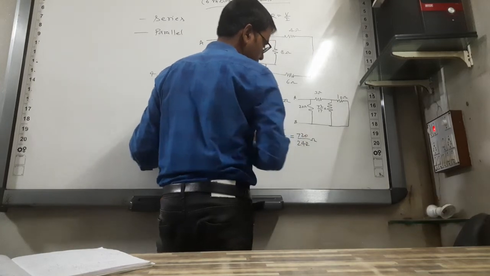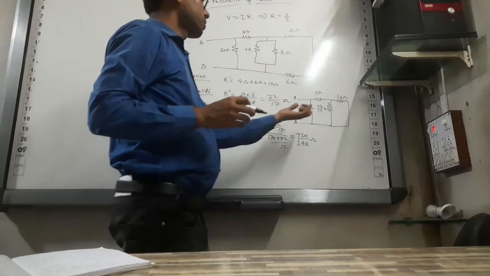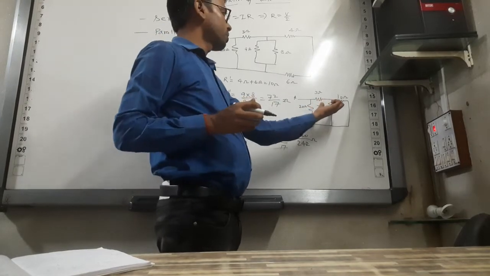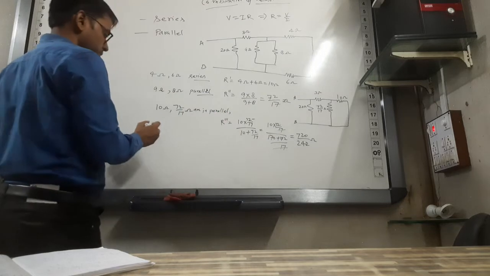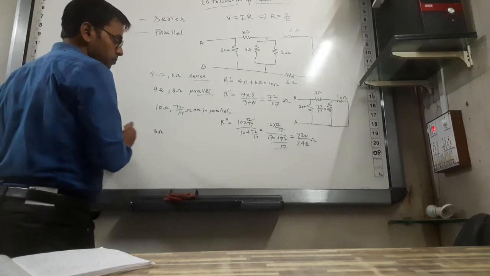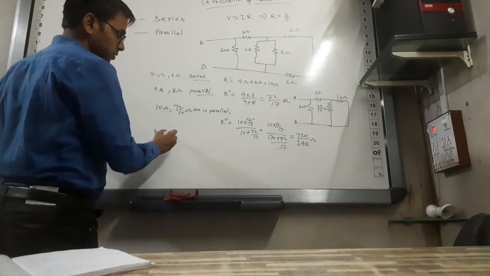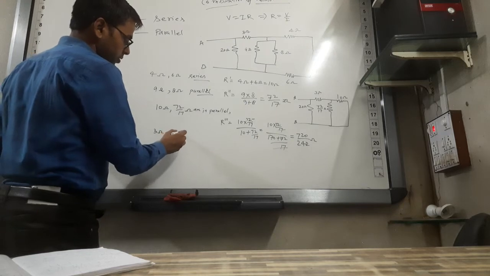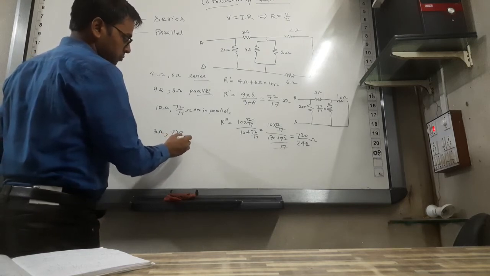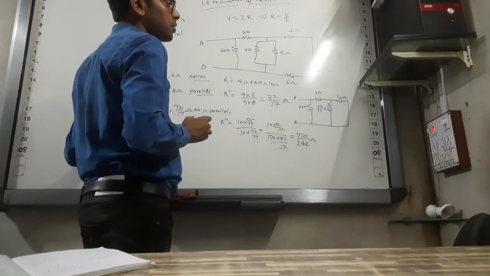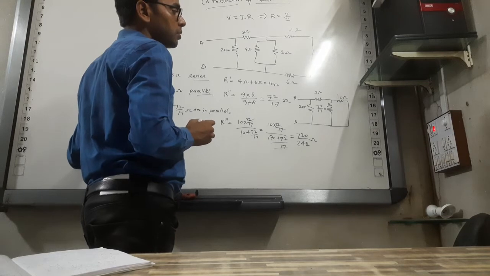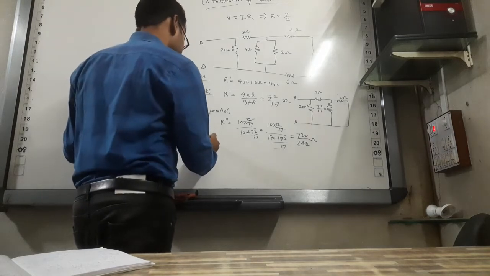ohm. Now this is connected in series with 3 ohm. 3 ohm and 720 upon 242 ohm are in series combination.